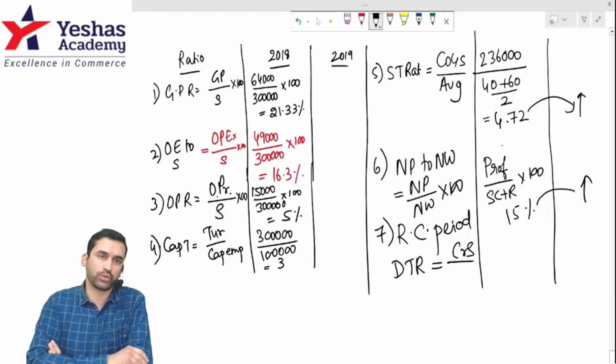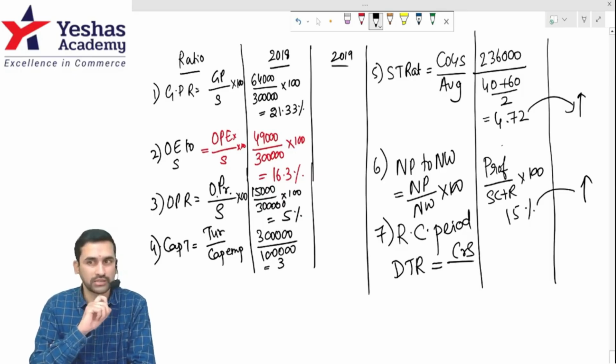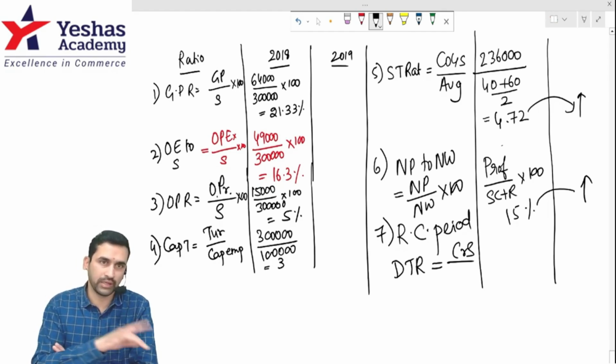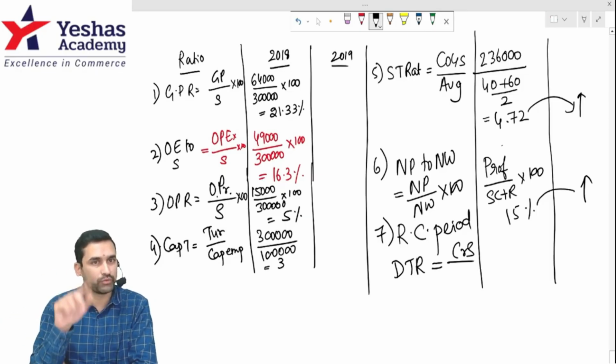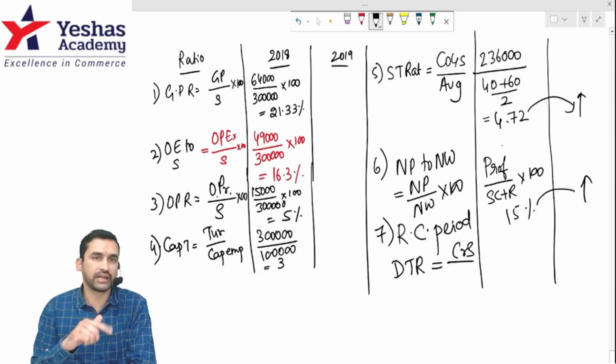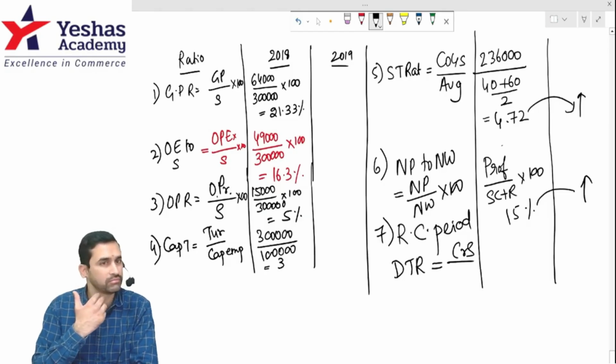Opening plus closing by 2. Think and tell me. For first year, you have only closing debtors. For first year, you have only closing with you. You don't have opening. For second year, you have both opening and closing. That means for first year I can take only closing, but second year I can take average. Is it a correct way?